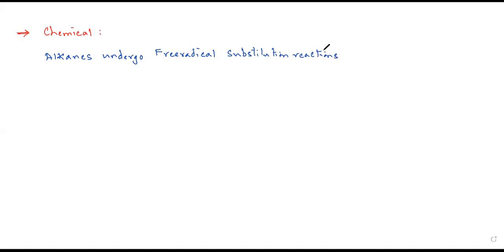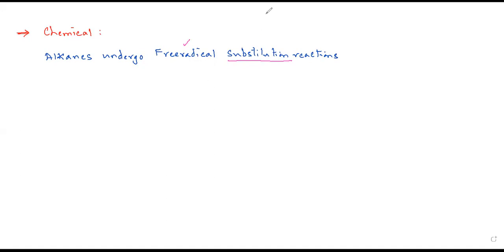Right. What do you mean by a substitution reaction? Simple substitution of an atom by another atom or a group of atoms by another group of atoms. And what is free radical substitution? One free radical is substituted by another free radical. That's it.